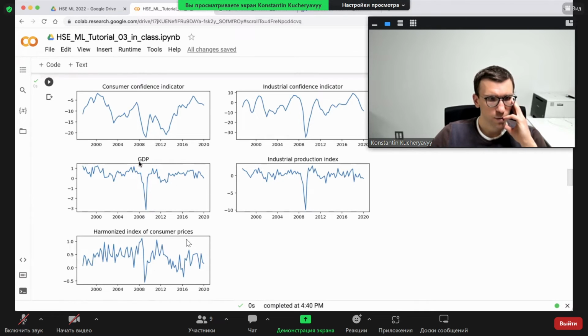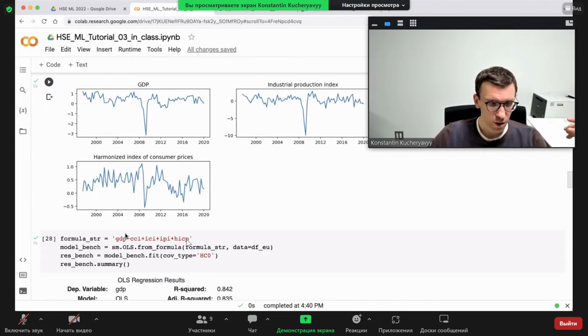So perhaps we should take before Q1 of 2008 and after Q1 of 2008. Sorry, Q1, the collapse of the Lehman Brothers, which was September 2008. So we would take before and after the second quarter of 2008. So that's one way, just eyeball and decide from your economic intuition.